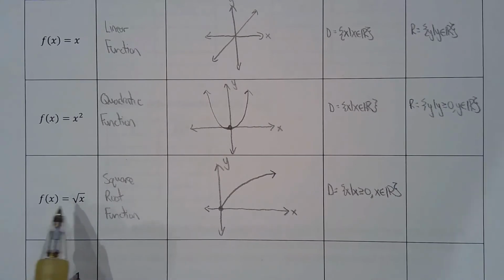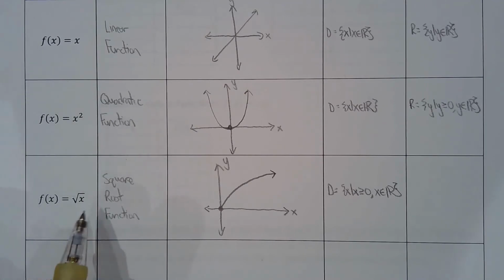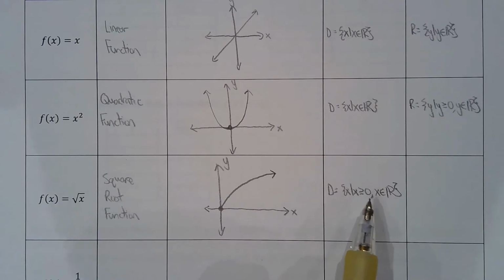The output is obtained by square rooting x, and I can't square root a negative number if I want the output to be a real number. So it makes sense that the domain is any value greater than or equal to 0.